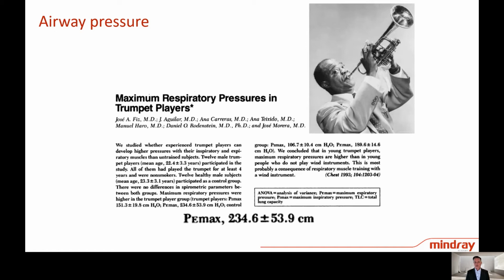Trumpet players are using their respiratory muscles, the diaphragm and the intercostal muscles, to constrain their lung compliance, and with that achieve a low transpulmonary pressure that is protecting the lung. How can we use this concept clinically?